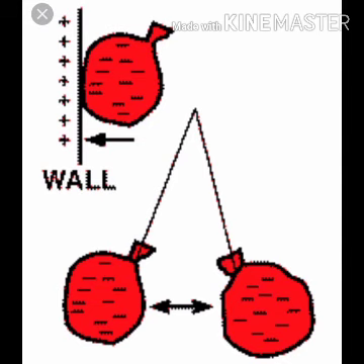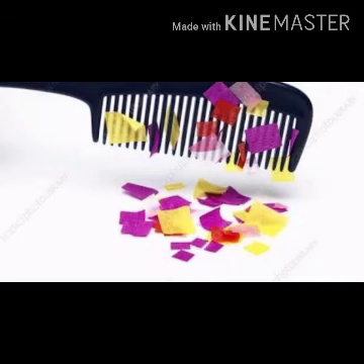So coming to the next example, we have learned when we rub a comb onto dry hair, and if you bring that comb near small bits of paper which are uncharged, what do you observe? The paper bits get attracted towards the comb. Again, it is due to static charge developed there.